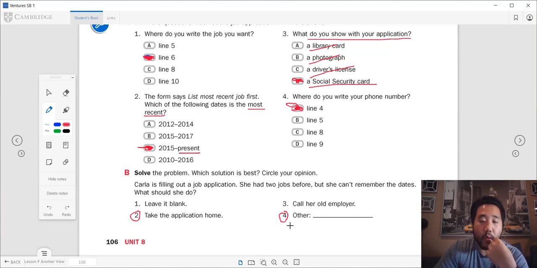Or I will call someone at my house, one of my family members, to find the information, because I should have the record of the dates of my 2 previous jobs somewhere in the house or in my computer. So that's what I would do. Okay. And then now we're going to go to page 107.